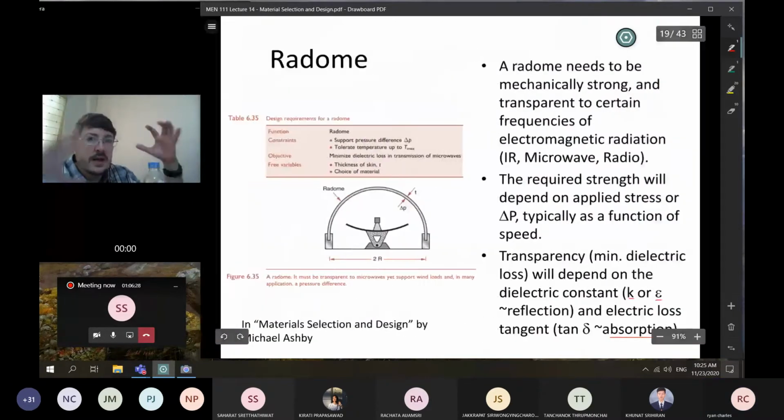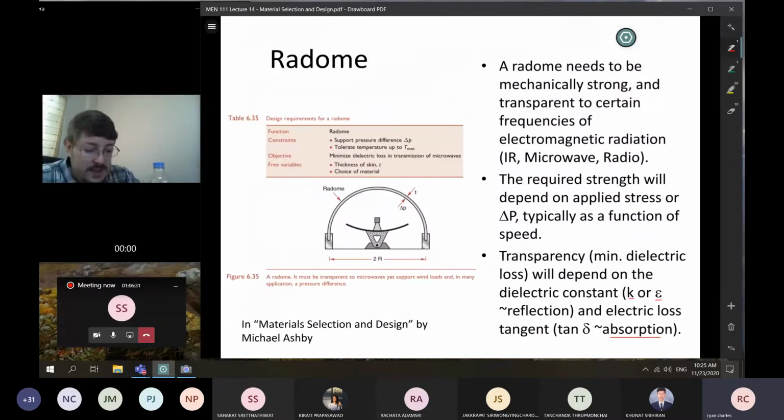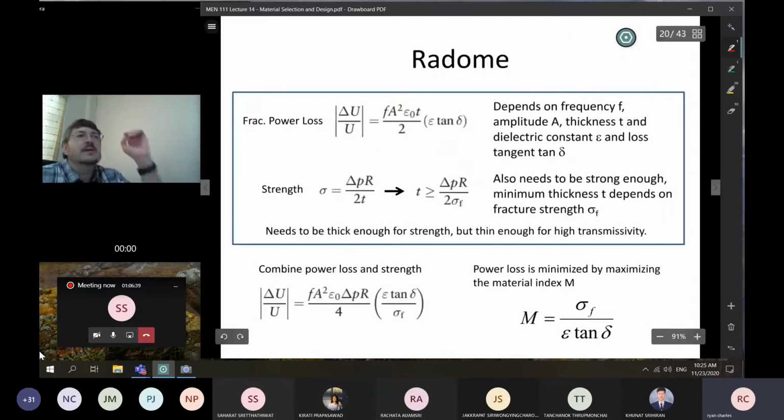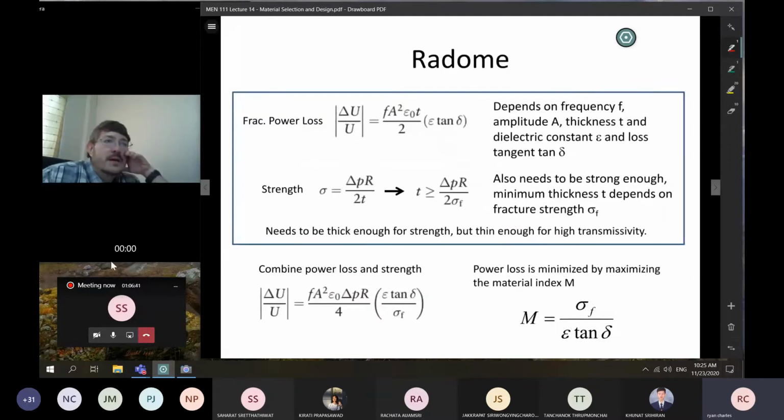Right, so again, seemingly dissimilar properties together sometimes. And here we've got mechanical and electrical all of a sudden. Right? So we might see these things getting into these material indices. So fractional power loss, right?